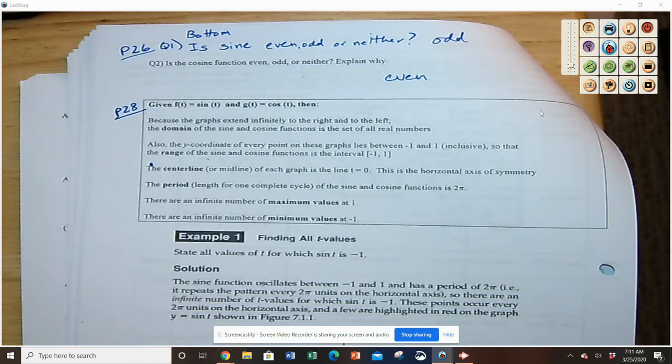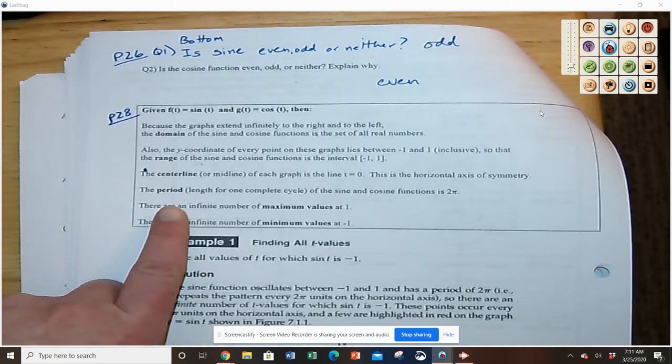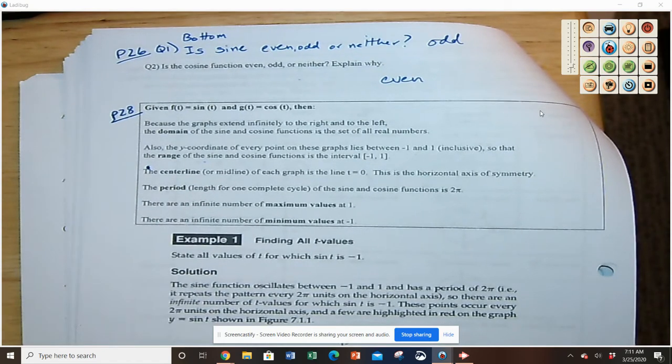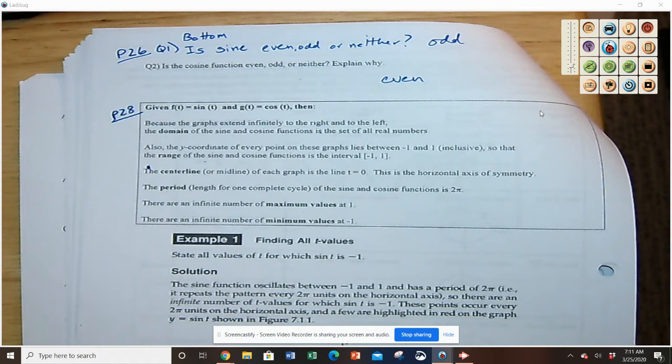So it's going to keep going above and below over and over and over again because these are periodic graphs. Another phrase that you might hear is that they are sinusoidal graphs. And then they're talking about the period for one cycle is going to be 2 pi. And then all this is saying is that you hit the maximum value an infinite number of times and you hit the minimum value an infinite number of times.